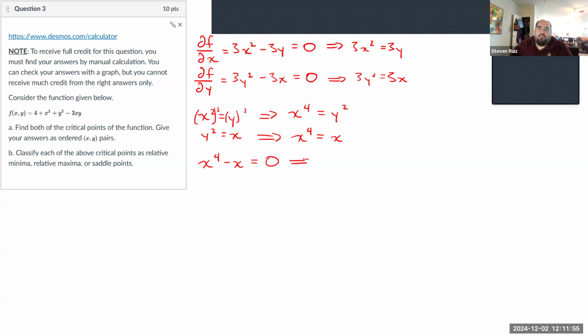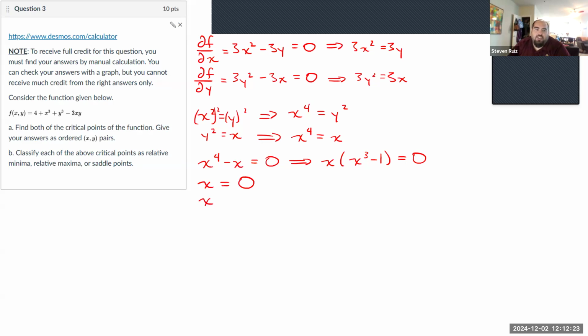And I can factor an x out. So x times x to the 3rd minus 1 equals 0. So now I have two factors multiplied together that equal 0. The only way that can happen is if one of the factors equals 0. So basically I can split these equations apart. One of those is really simple. I just get x equals 0 more or less for free.